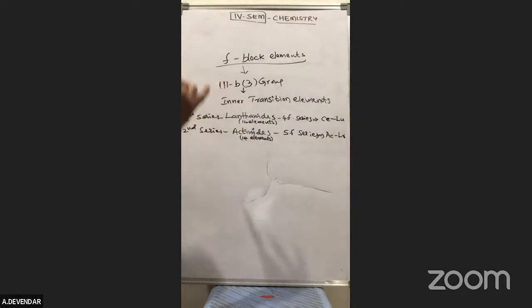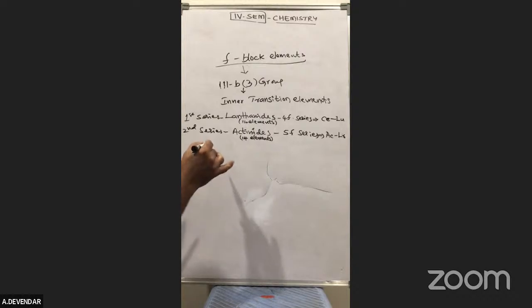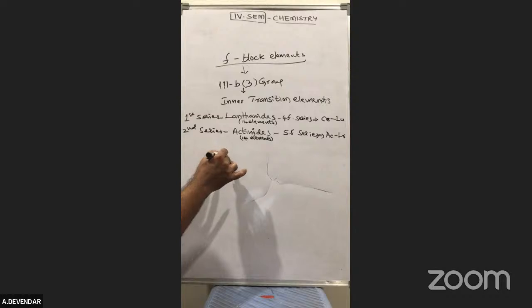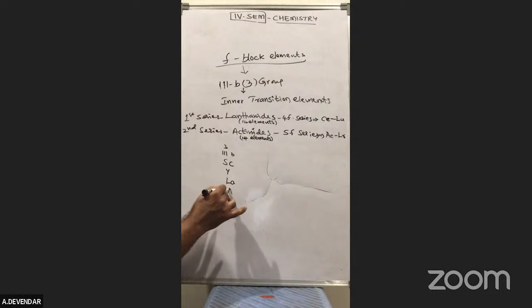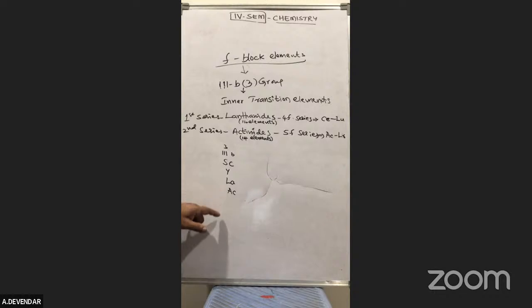Why are they called inner transition? When you take the elements of the third B group, we have scandium, yttrium, lanthanum, and actinium.